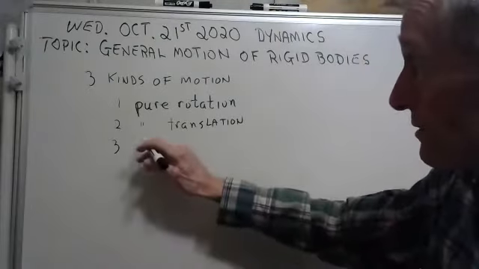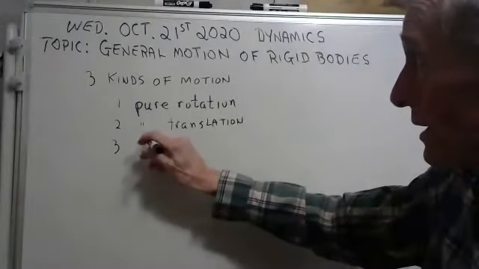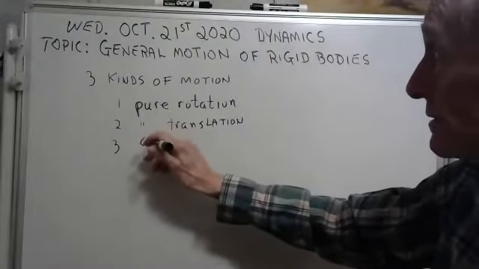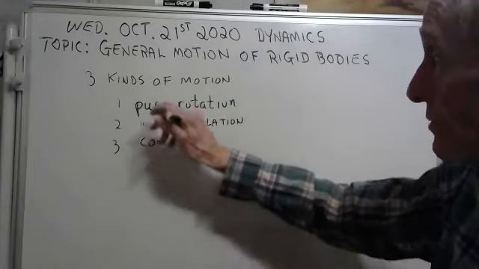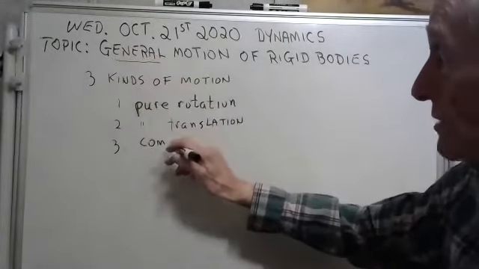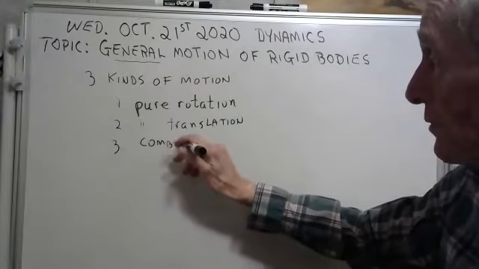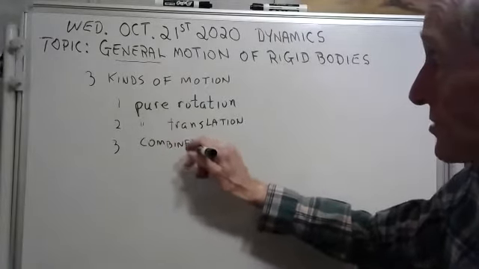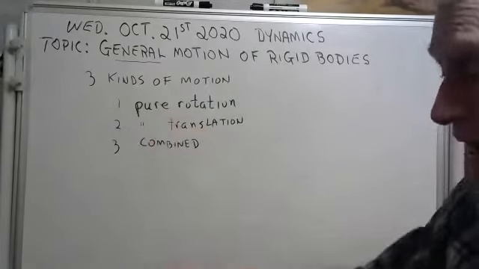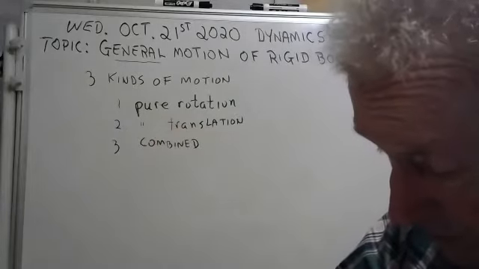And then finally, there's combined motion. Some people call it general motion, but what it is, it's a combination of rotation and translation.